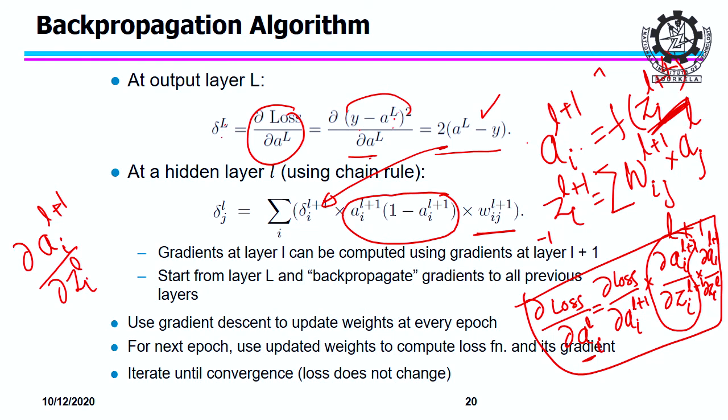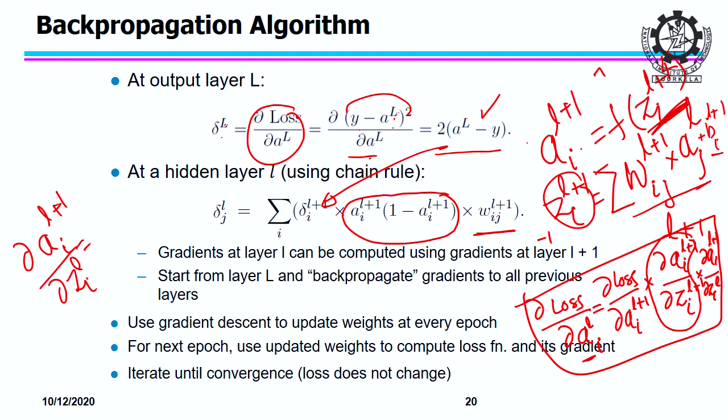Now, we compute with respect to this one, which is nothing but A I L. If you compute this value, as I said earlier, there is obviously a term B I L plus 1, but this is a constant, and this whole sum will be a constant, so its derivative will be 0.